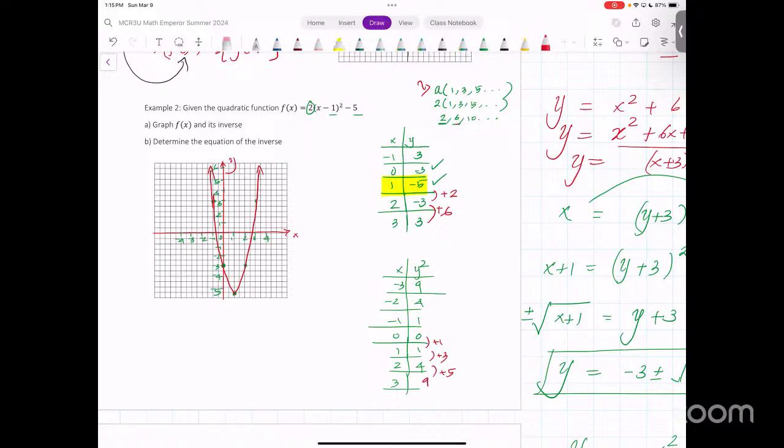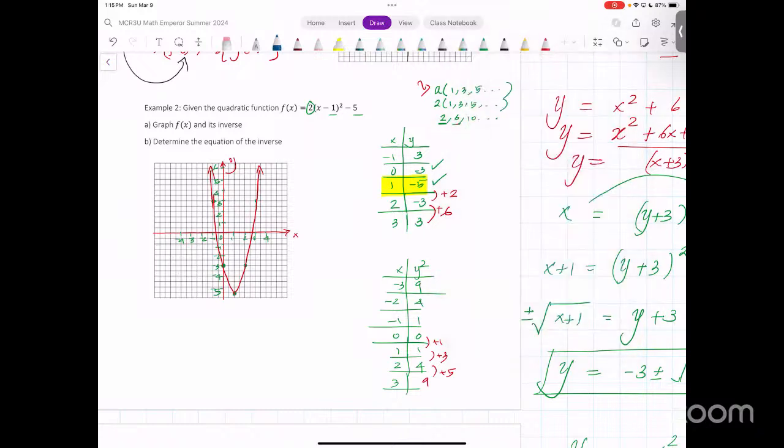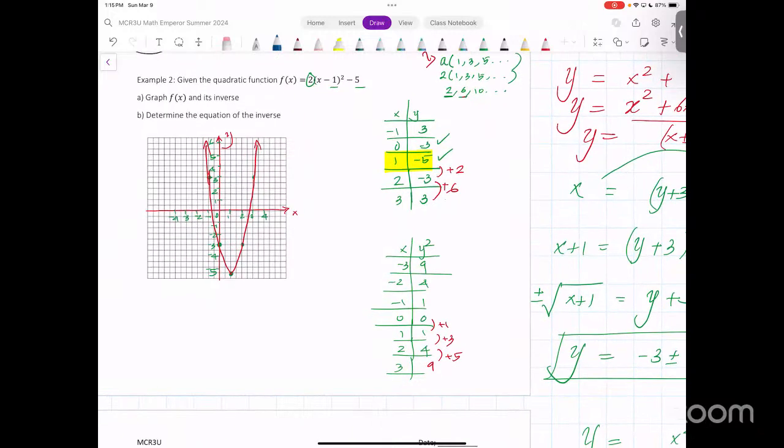Okay, so now determine the equation of the inverse. Well, we have seen how to do the inverse, but we're going to graph the inverse. You know why it's easy to graph the inverse? Because I know the step pattern. So let me flip the coordinates. 3, comma, negative 1 is here. Then negative 3, comma, 0 is here.